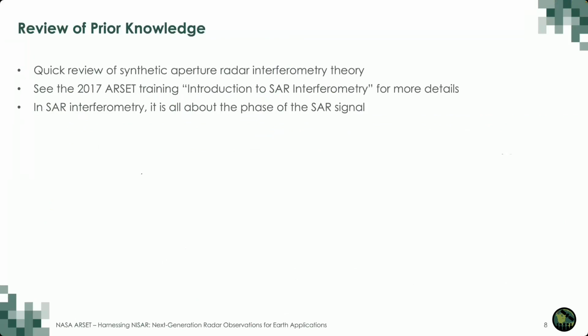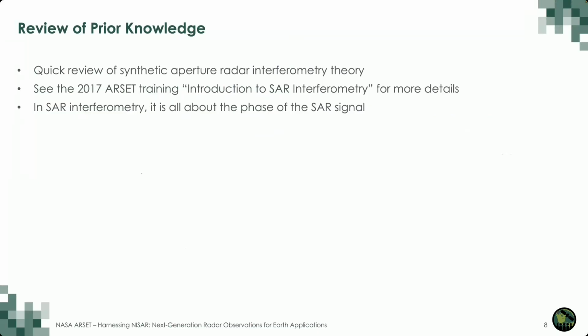of landslides and other more slow-moving phenomena. So I'm just going to give a quick review of what was in that 2017 ARSET training on the SAR interferometry theory. In SAR interferometry, the key thing is the phase of the SAR signal. And in many other applications, for mapping vegetation or floods or biomass, those use the radar amplitude, SAR amplitude, but we're going to be using the phase of the SAR signal.